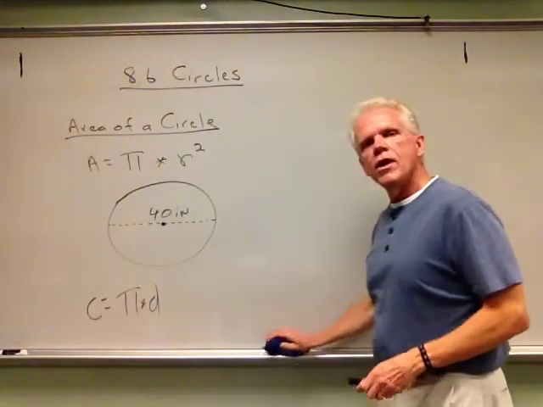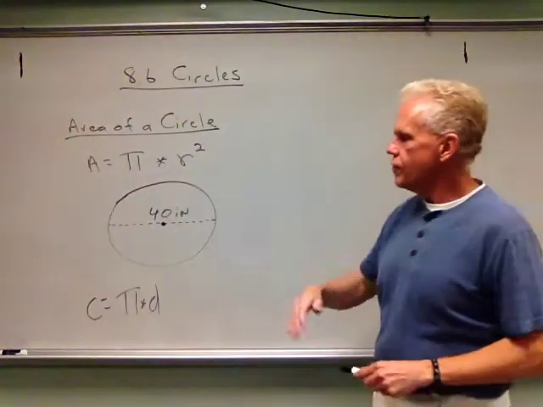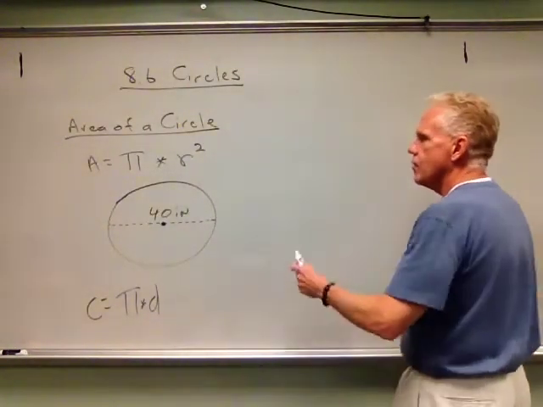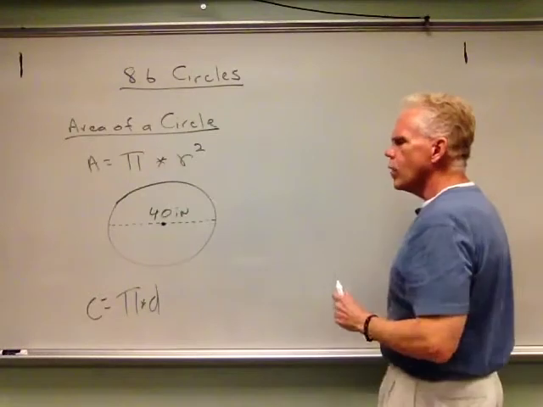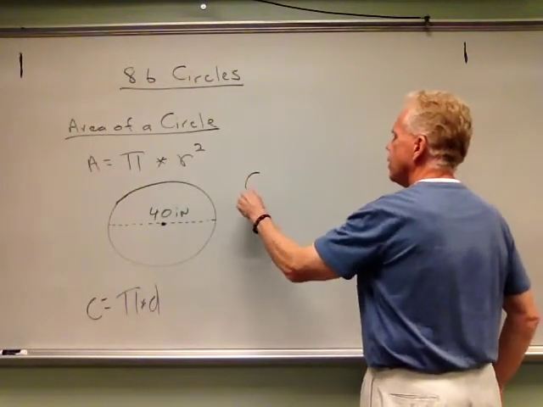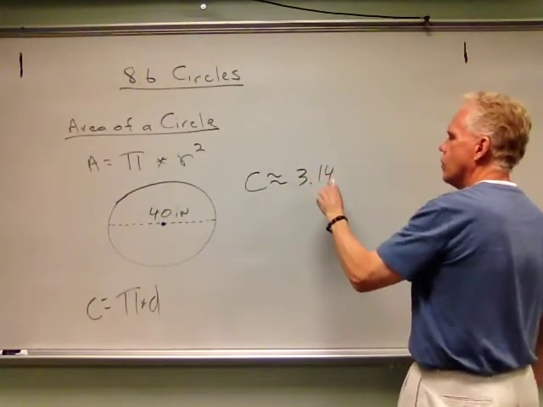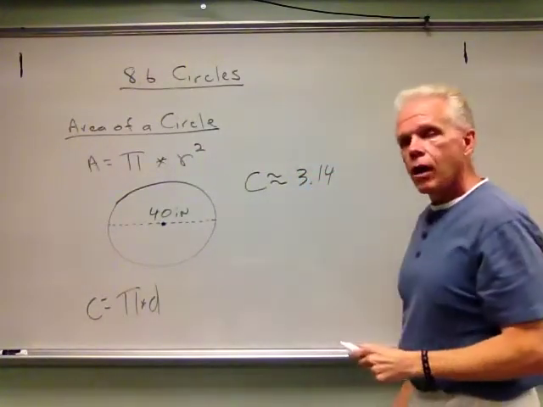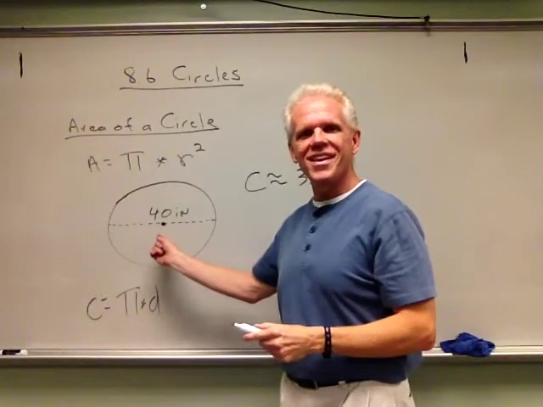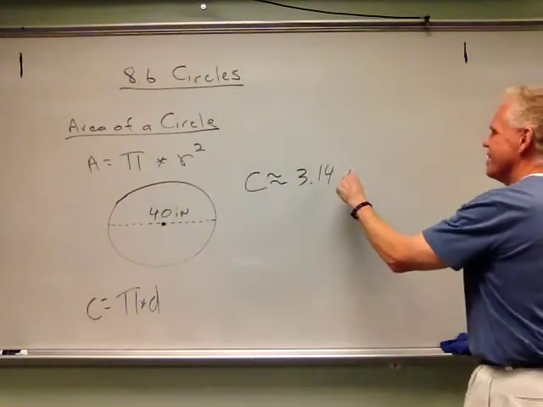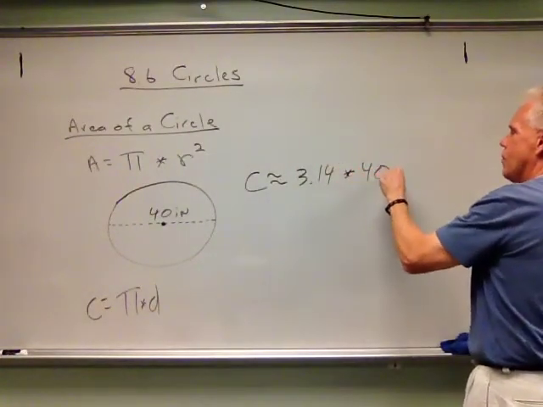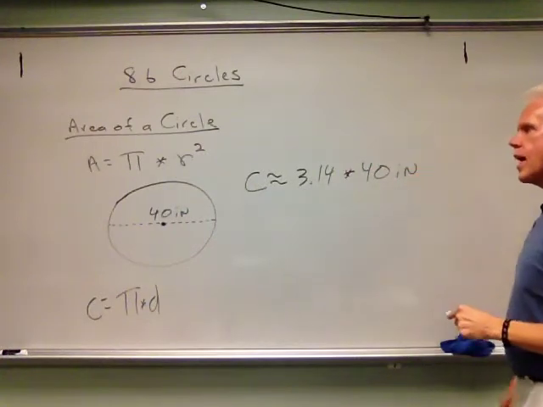All right, everybody, we are back now, taking a look at the circumference of this circle, pi times diameter. So here we go. We're going to take C equals approximately 3.14 times the diameter. What's the diameter of the circle? It's already there. It's 40 inches.